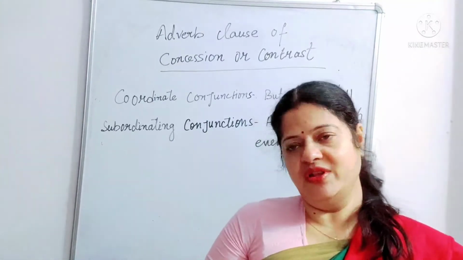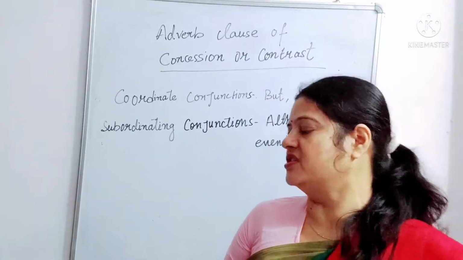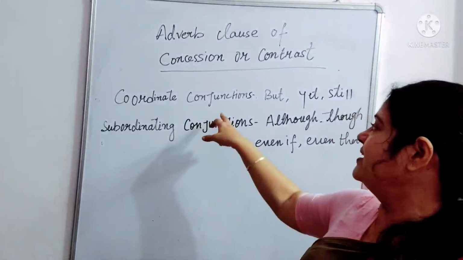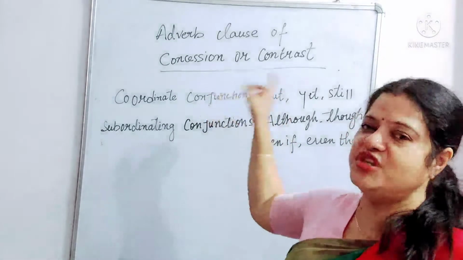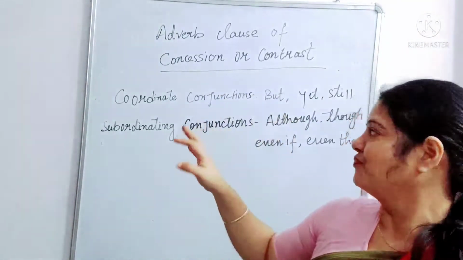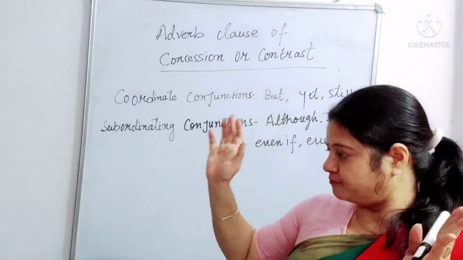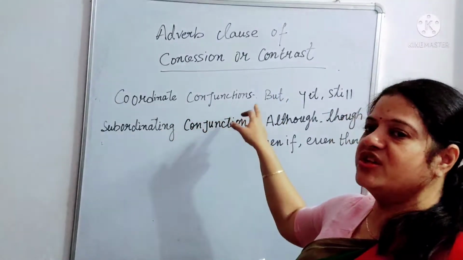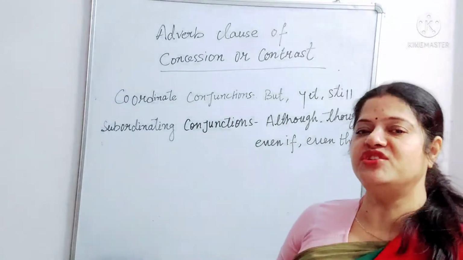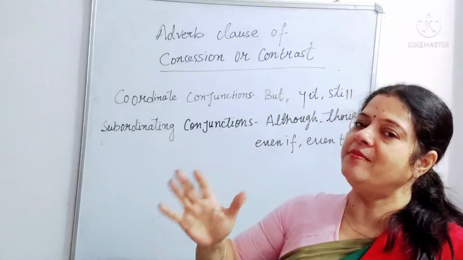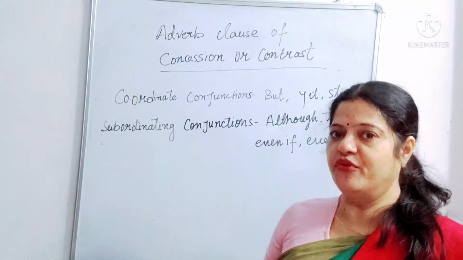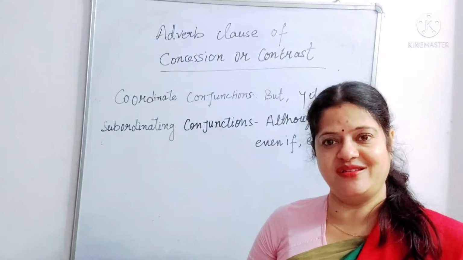Okay, so let's find out how it works. But before that, we'll see the conjunctions which are used in adverb clause of concession or contrast. First, coordinating conjunction and subordinating conjunction. We all know that coordinating conjunctions are used for making compound sentences.